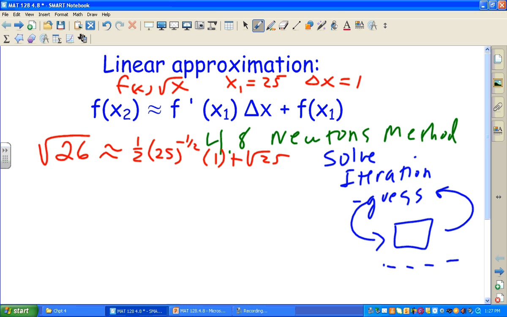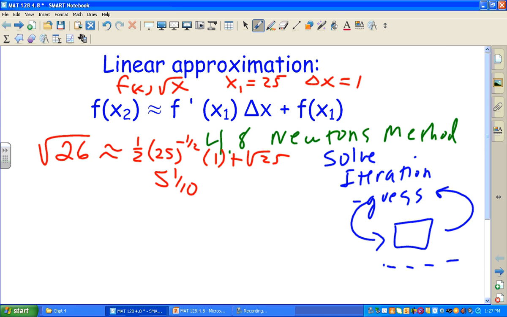And we used that, and that was hard enough to remember how that worked. We said that was a linear approximation, and we came up with 1/10 plus 5, 5 1/10. Fantastic. So we said the square root of 26 was close to 5 1/10.